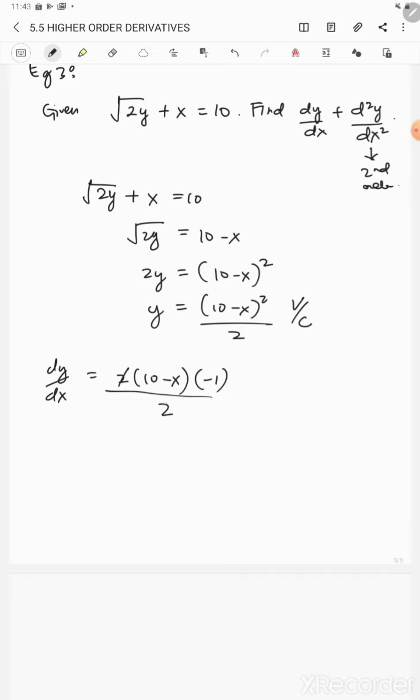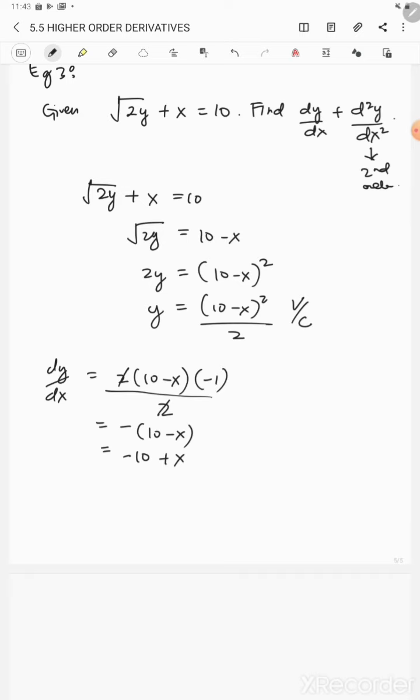So now we can just cancel out. The answer is negative (10 minus x). Differentiate this, we expand, we get 1. Oh, sorry. So now we already differentiated this, right? So dy over dx is equal to negative 10 plus x.